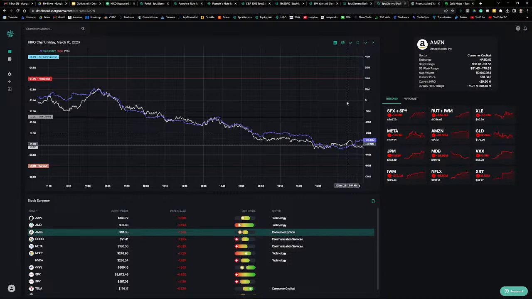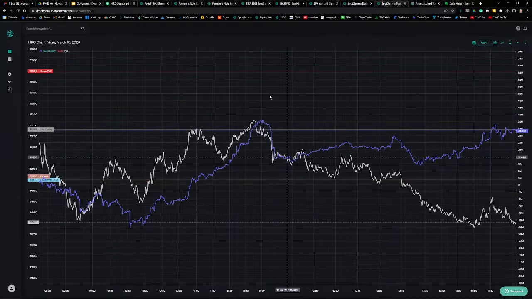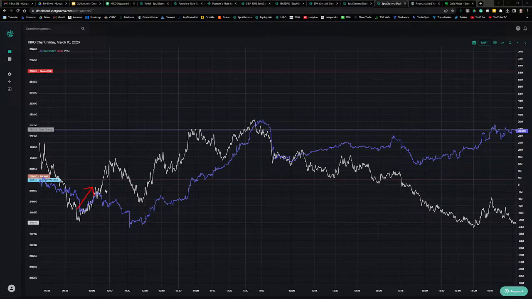All right, the next one, Microsoft. Confirmation long. Starting just before 10 a.m., then a pullback around 10:30, then a move higher. Let's go take a look at Bookmap.